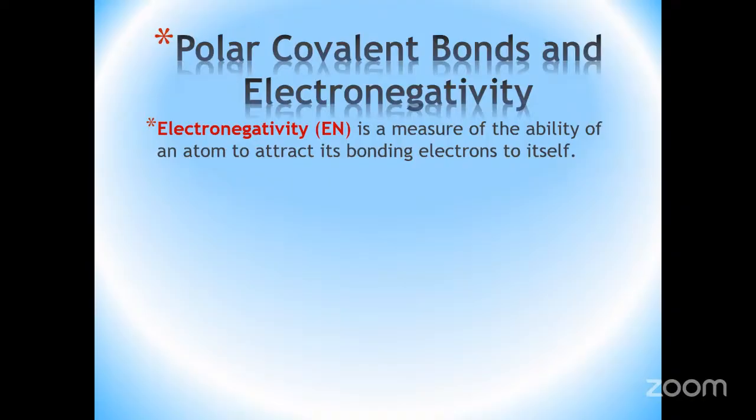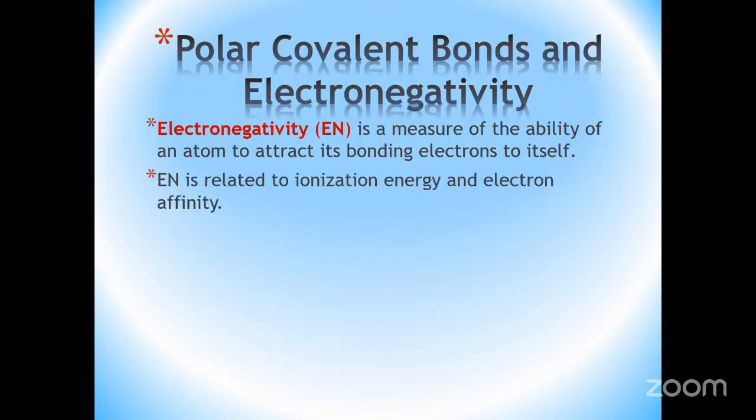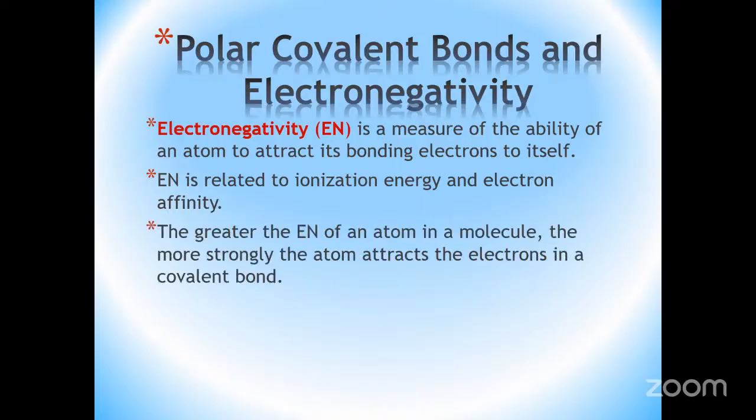So a guy by the name of Linus Pauling came up with a way of determining what he called electronegativity values. It was based on certain calculations based on ionization energies and electron affinities, right? He ended up developing a 4-point scale, so 4 would be the maximum electronegativity value that a particular atom will have.